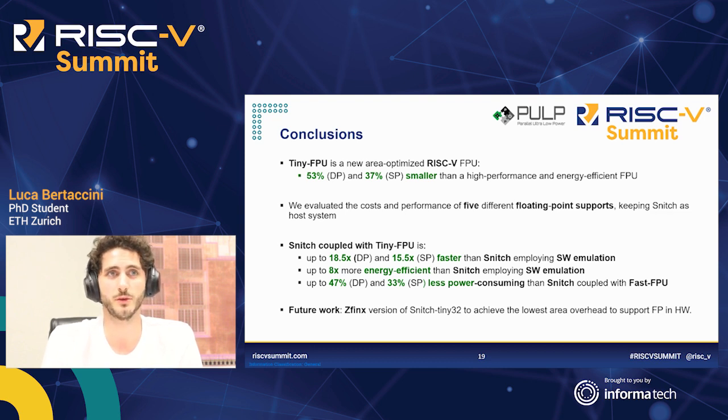Snitch coupled with Tiny FPU is up to 18.5 and 15.5 times faster than Snitch employing software emulation, and 8 times more energy efficient than the integer-only core. At the same time, Snitch coupled with Tiny FPU is respectively for double and single precision 47% and 33% less power consuming than Snitch coupled with the fast FPU.